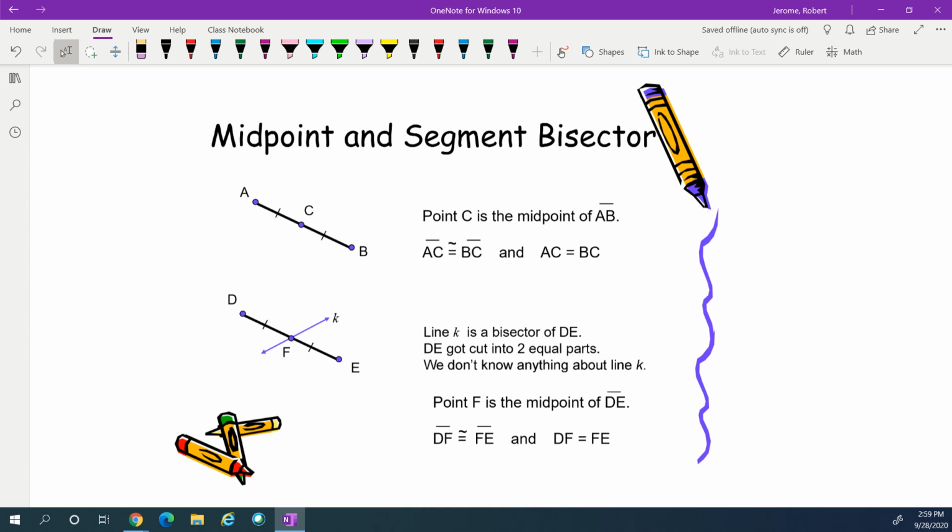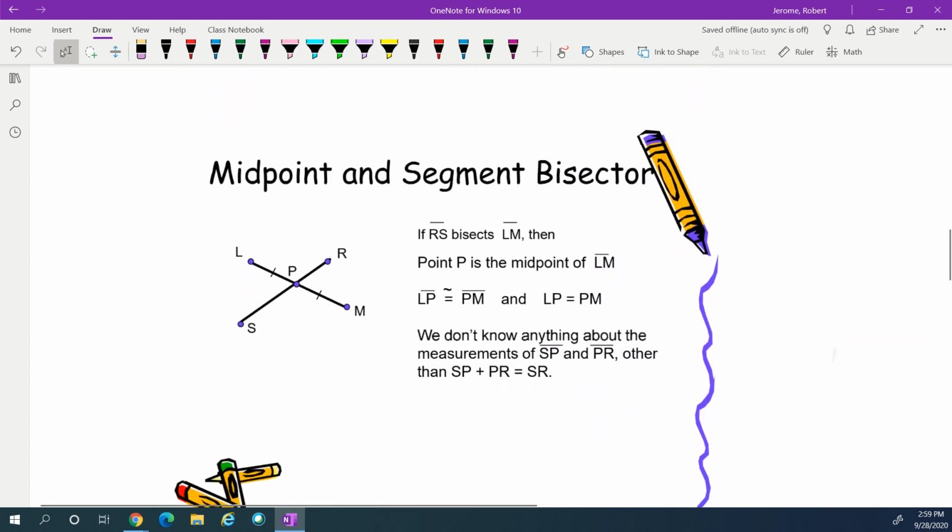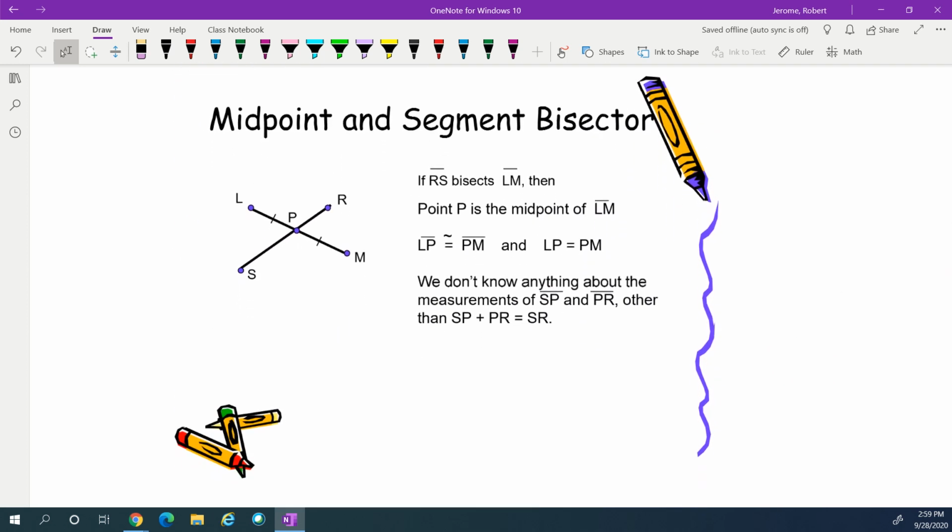So the concepts that we're seeing in these pictures are really important. Knowing what got bisected. So let's take a look at this one. RS bisects LM. So think about that really carefully. RS cut LM in half.